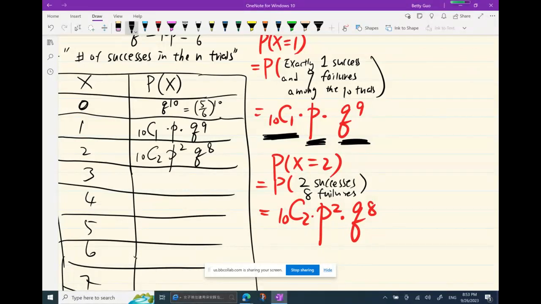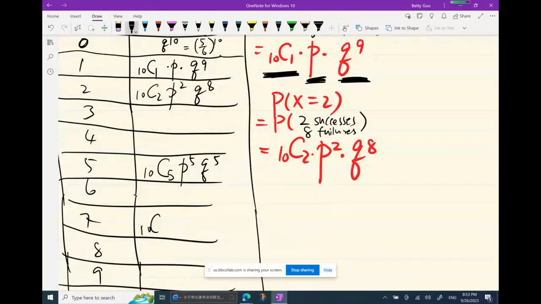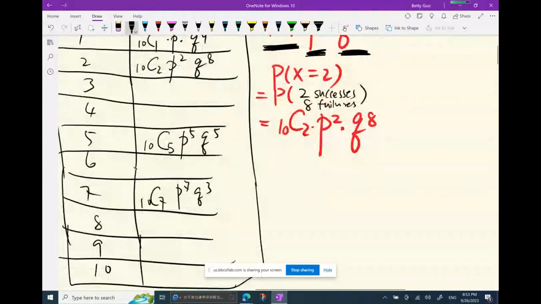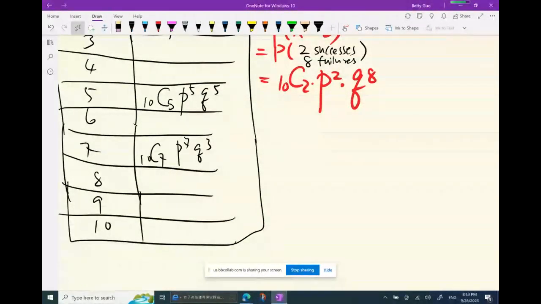Okay, can you help me find a formula for the probability of x equals 5? We should have C10-5, P to the 5, Q to the power 5, right? And this one should be C10-7, P to the 7, Q to the 3, right? 7 successes and 3 failures.